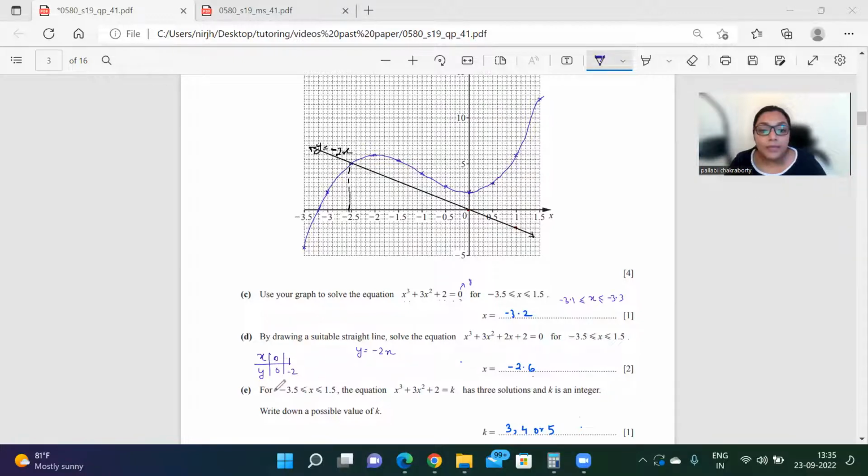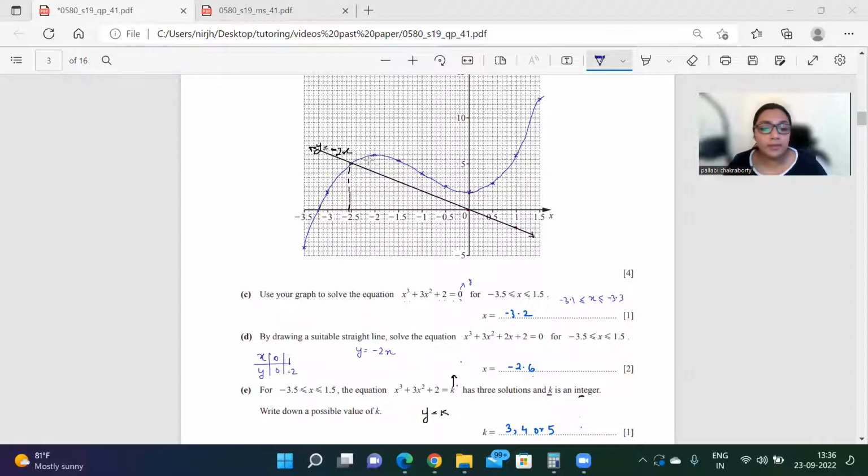Moving on, then it says for negative 3.5 is less than x less than 1.5, the equation is equal to k and k is an integer. This is a very important point. Write down the possible values of k. So over here, instead of that, y is equal to k.